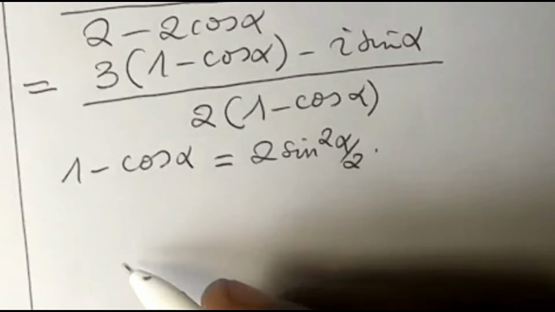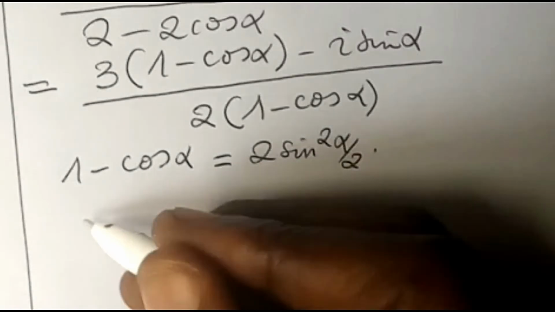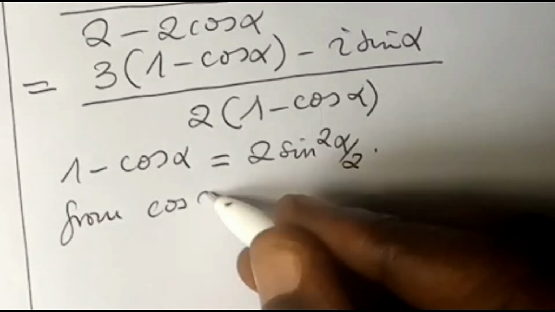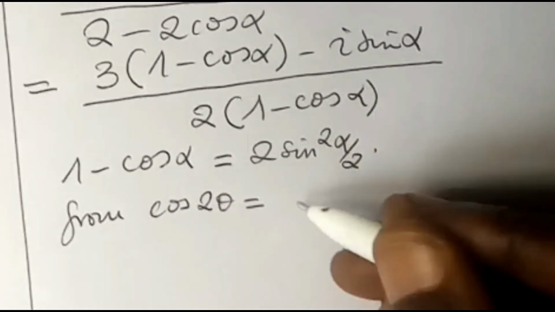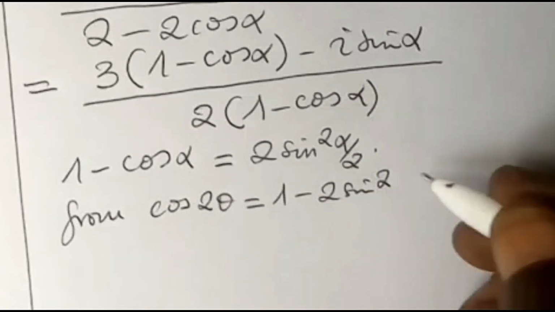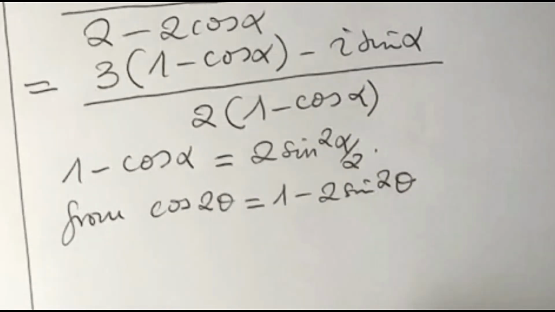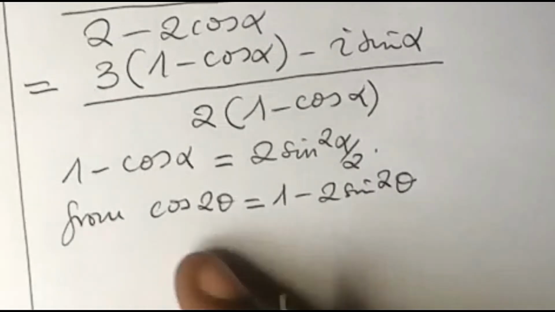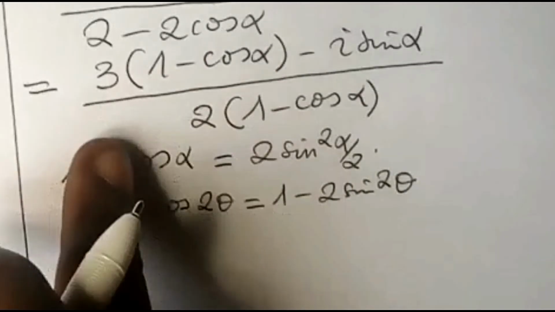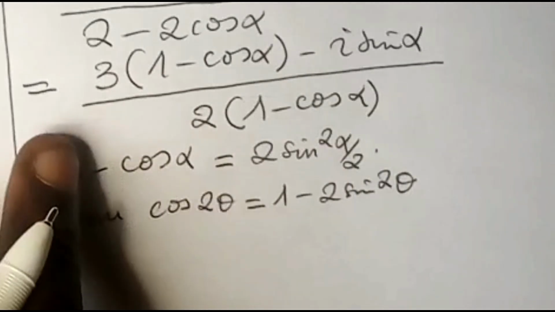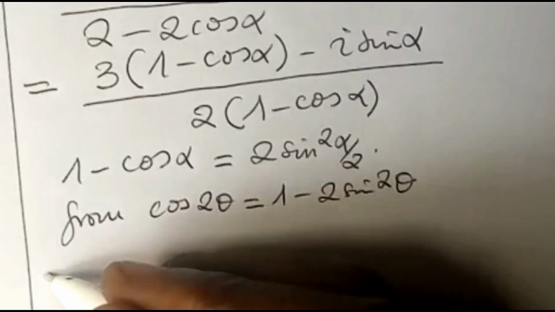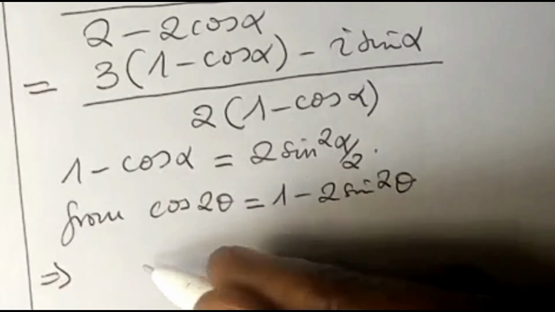This comes from cos 2 theta equals 1 minus 2 sine squared theta. So if I take half angle identities, I will get to this expression. So that's where this one is derived, and so I can make a replacement for it.